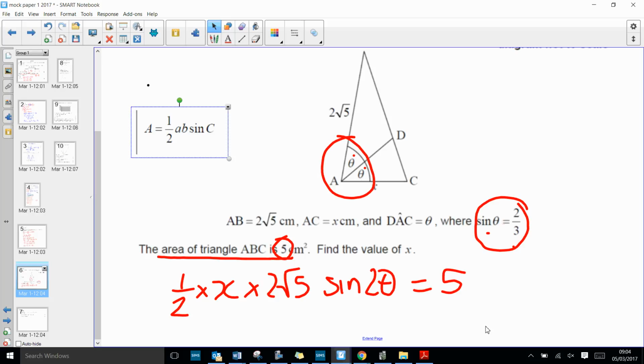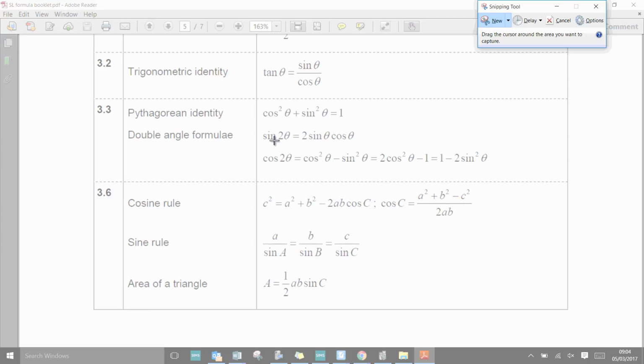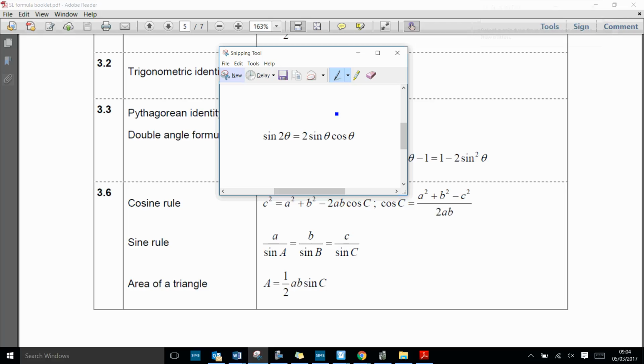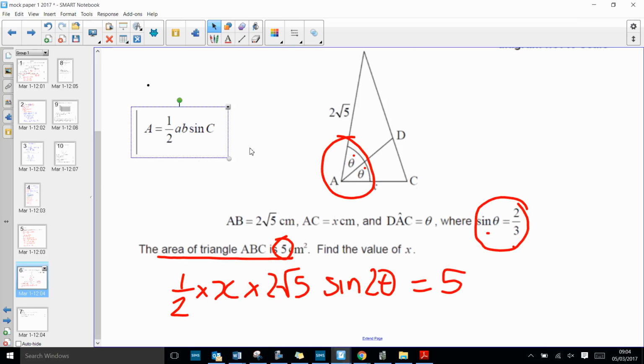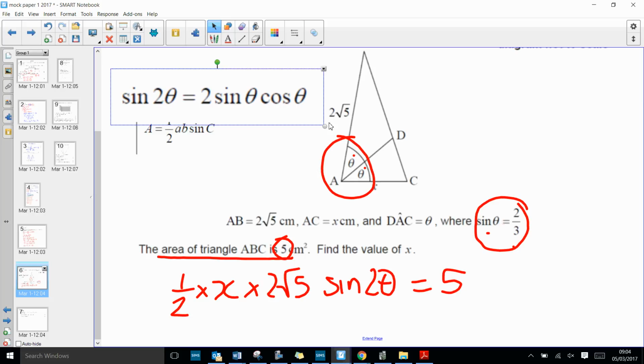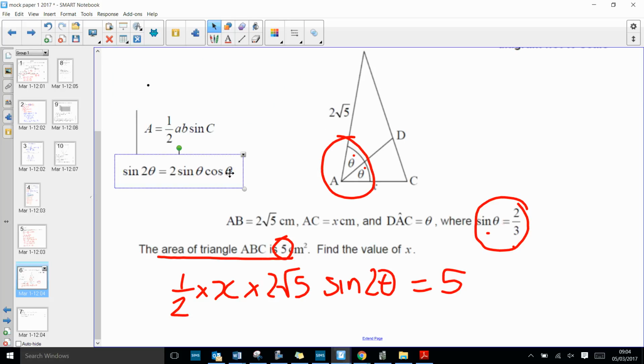So back to the formula book, and we need an expression for sine 2 theta, which we have here. Now, in order to use this formula, we need to know what cos theta is.